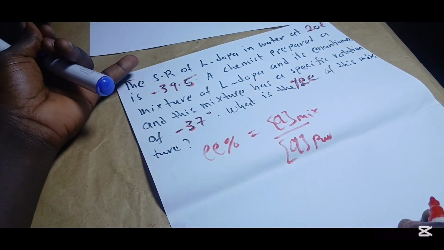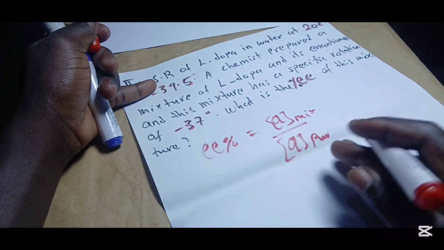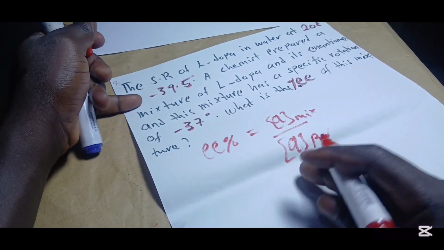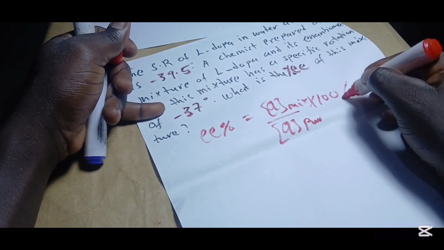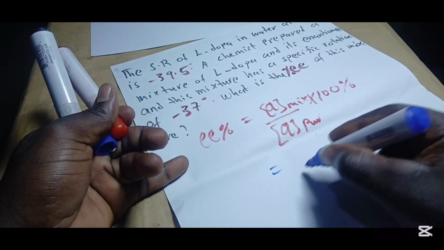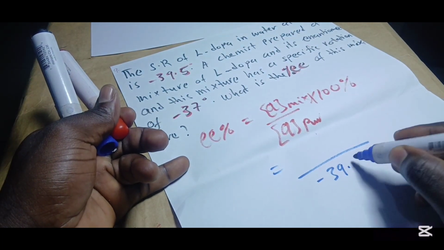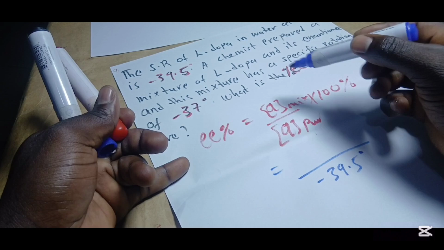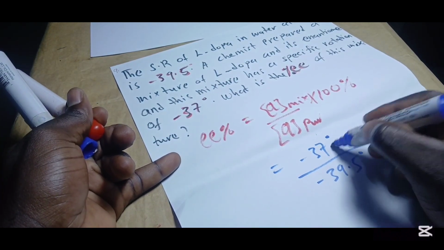The specific rotation for pure L-dopa is minus 39.5, and that of the mixture is minus 37 degrees.